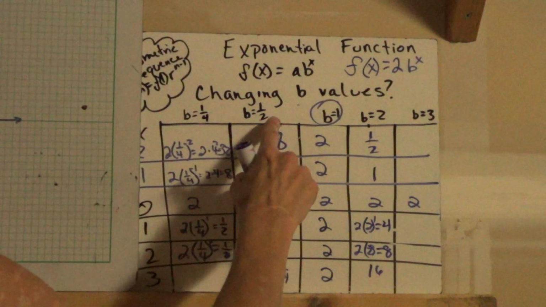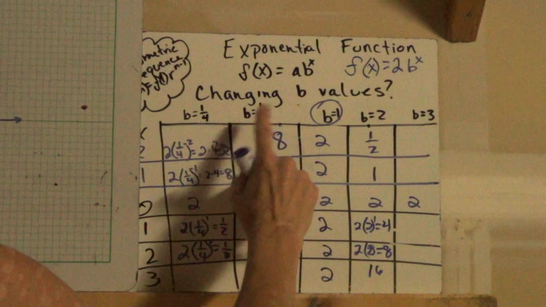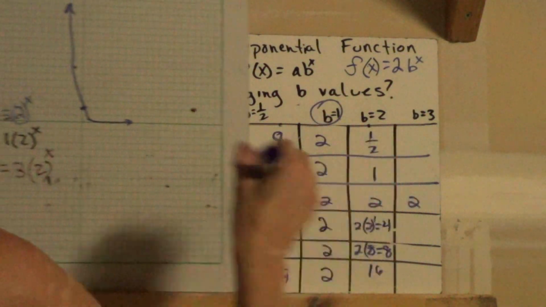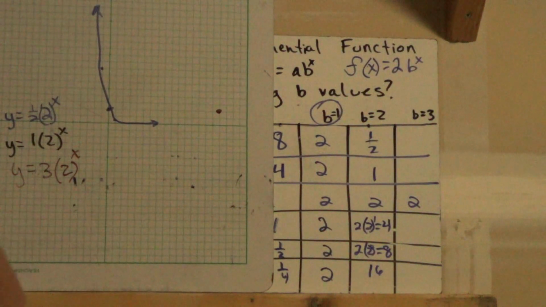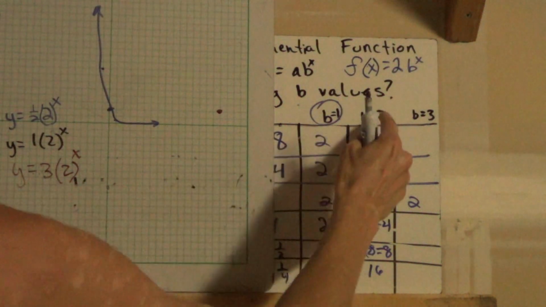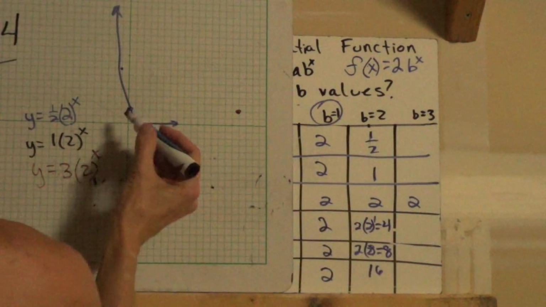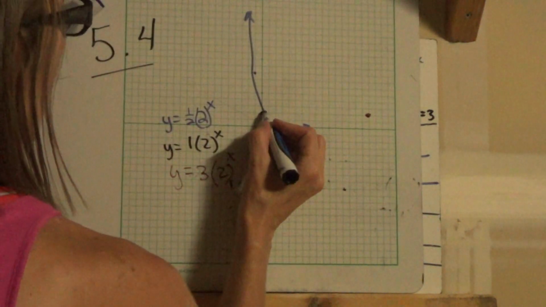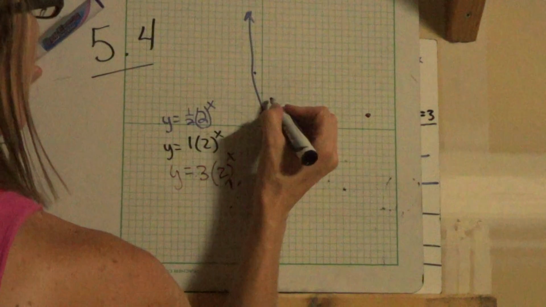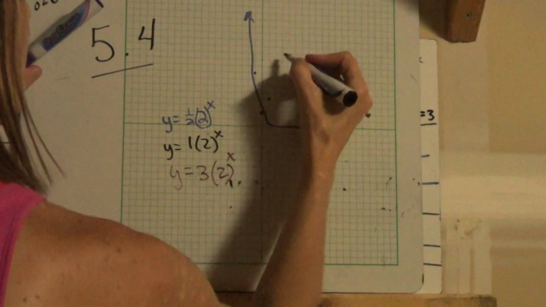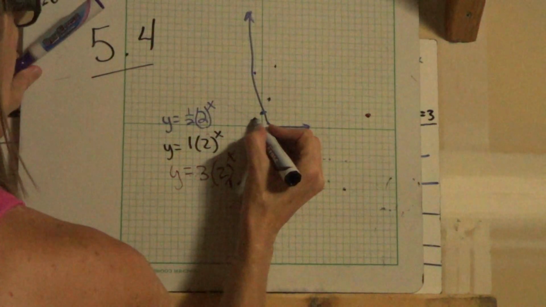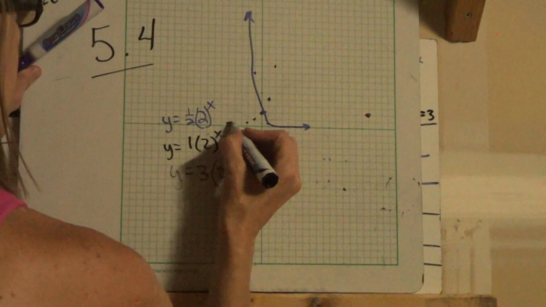Okay, let's go up to b equaling 2, a growth factor of 2. Now when it crosses at 2, it's growing. So 2, next one would be 4, next one would be 8, one before it would be 1.